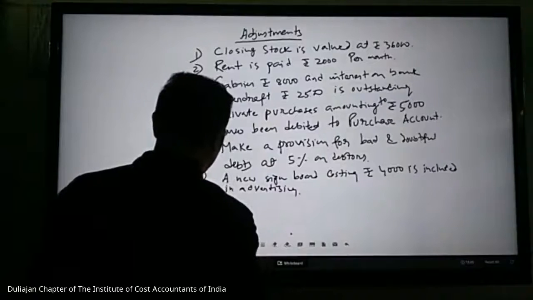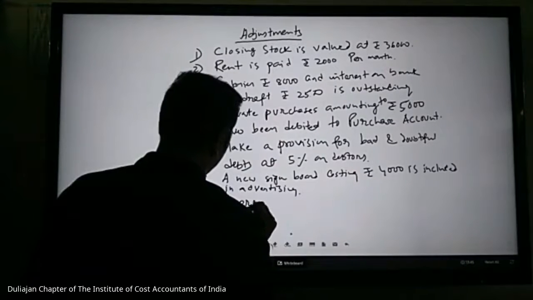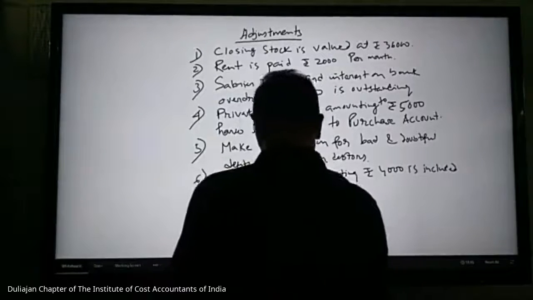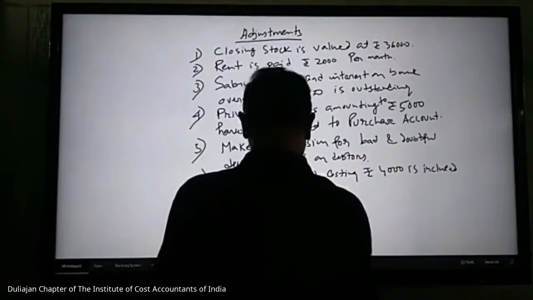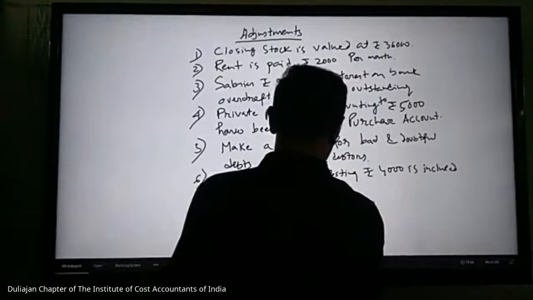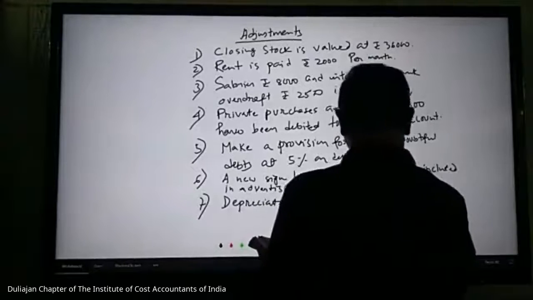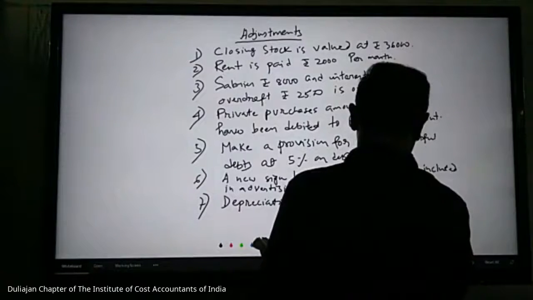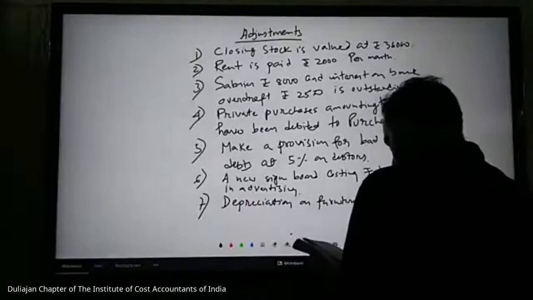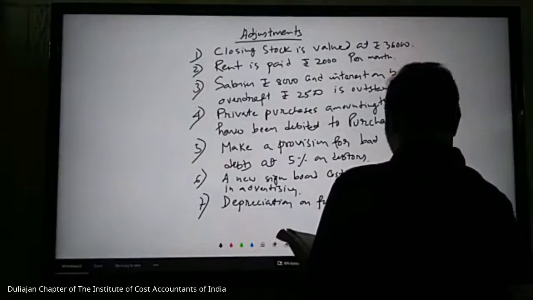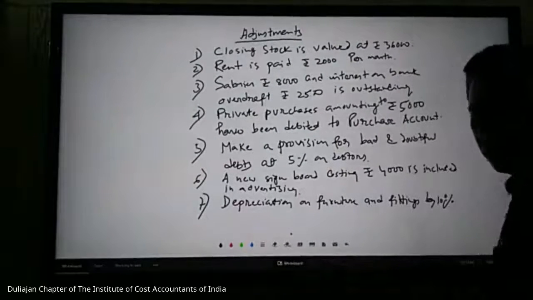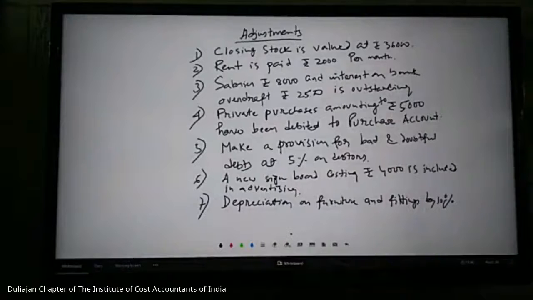Seven, depreciation on furniture and fittings by 10%.